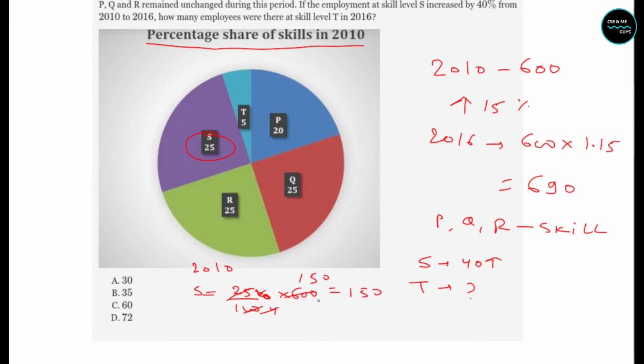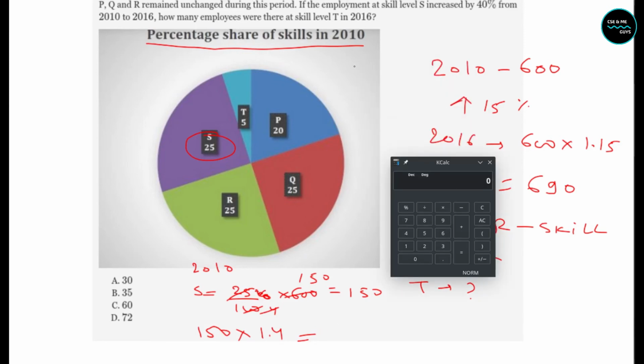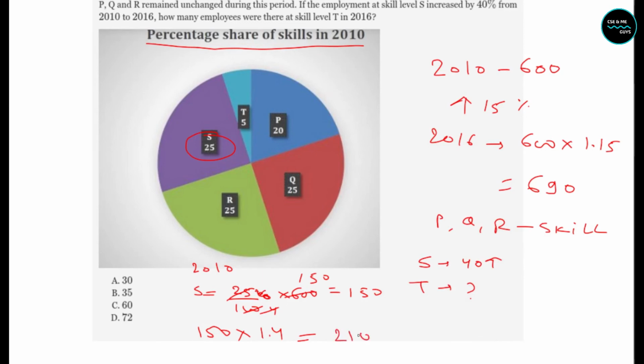So in 2010, S has 150 people working, and now that 150 people increased by 1.4. Just calculate 150 into 1.4. It gives us 210 people. So now they increase from 150 to 210. So total increment is 210 minus 150, which is 60.